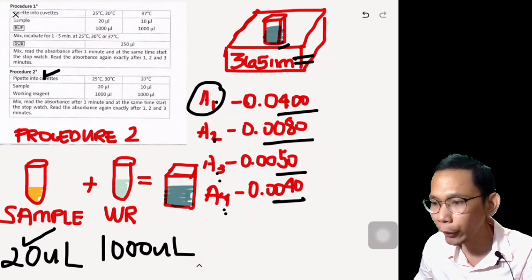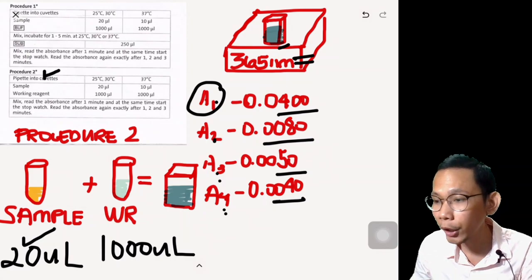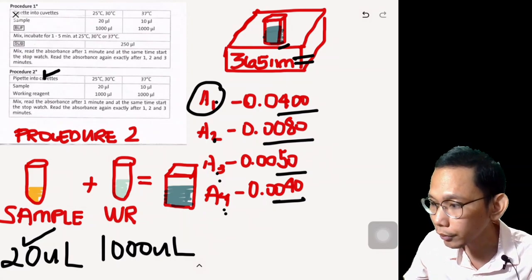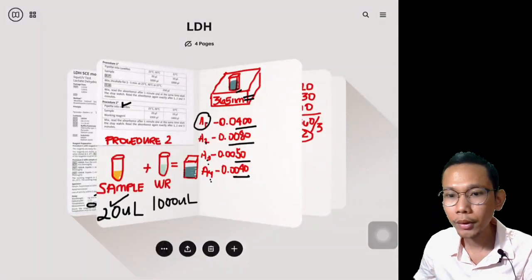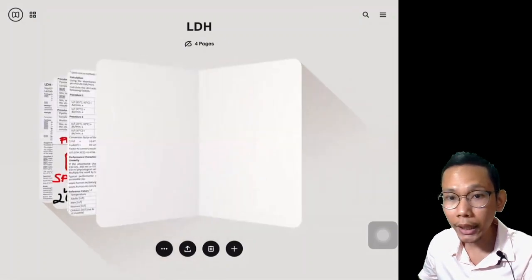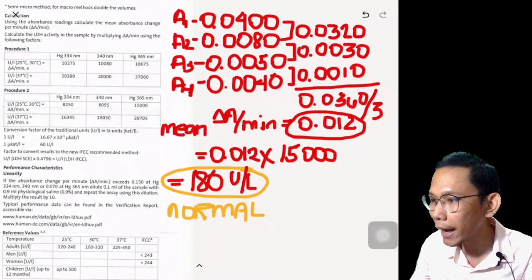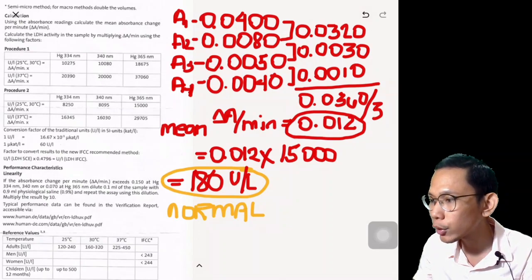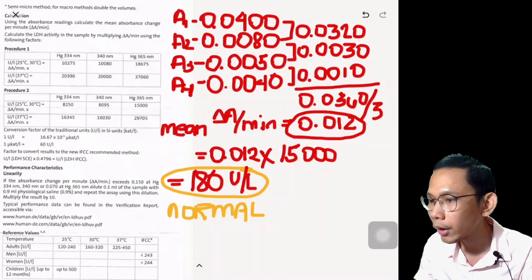So Doc, after that, what do we do next? Then we will now compute for the value of your LDH. It's simple, guys. Our first absorbance is 0.0400, second absorbance is 0.0080, third absorbance 0.005, fourth absorbance is 0.004.